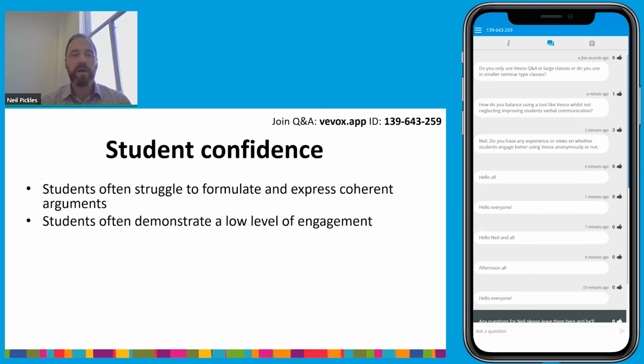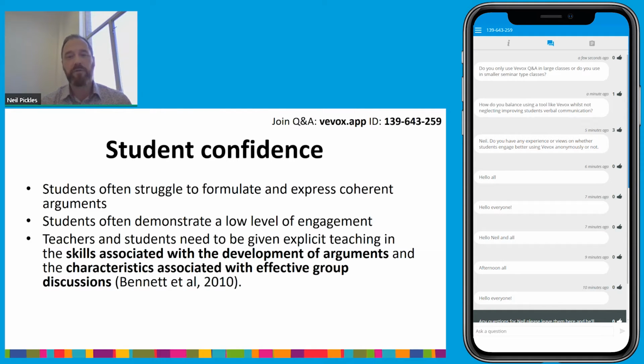And so when we ask for students to engage with us in dialogue, they often demonstrate a low level of engagement. And so one thing that is often overlooked is that both teachers and students need to be given explicit teaching in the skills associated with development of arguments, and also the characteristics associated with effective group discussions.